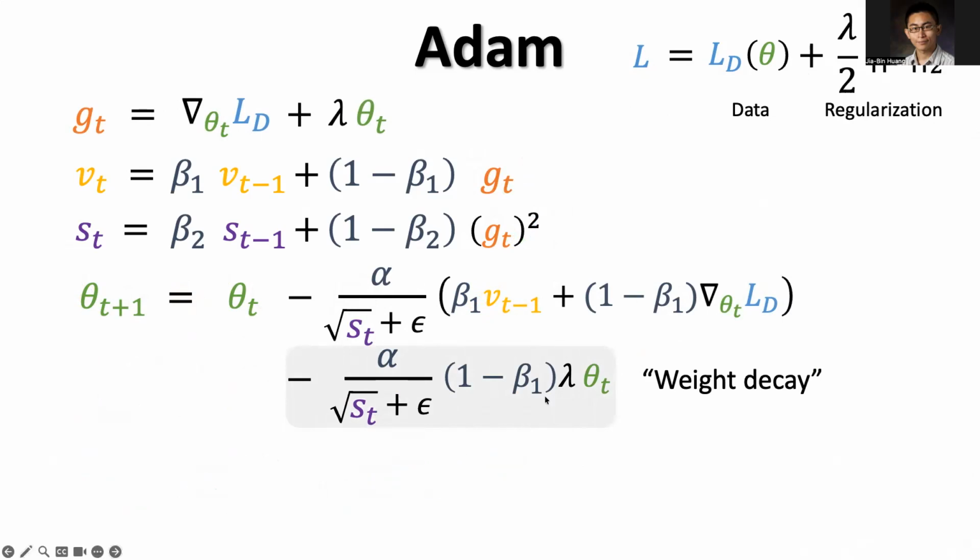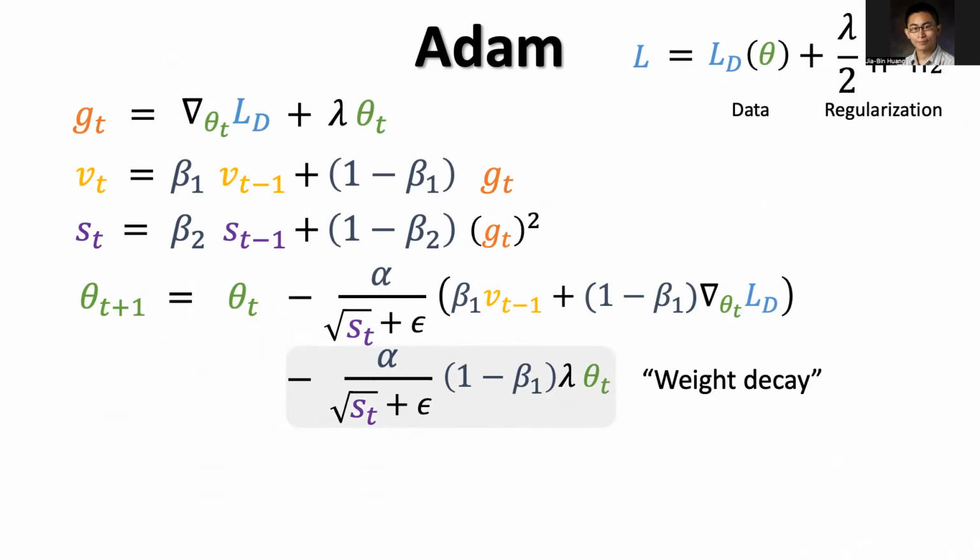But if you compute a gradient from this combined loss, your weight decay, your regularization, will also be weighted, which means that if your gradient along that direction is very large, then the learning will become very small. Then you have less regularization. So it's kind of contradicting.